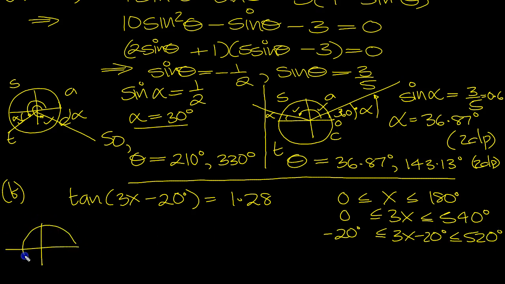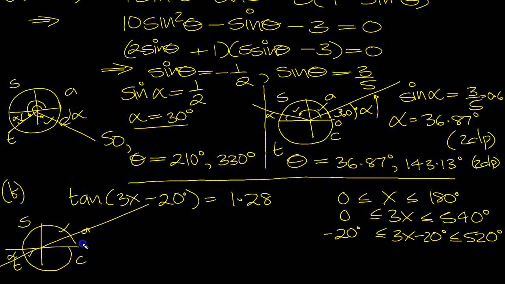So let's draw a circle. CAST. We're looking at solutions from minus 20, which is here, round to 360, round to 520. So we've got to be careful there. And then we're told that tan of this angle is 1.28, positive. Tan is positive here and here. Draw two lines.